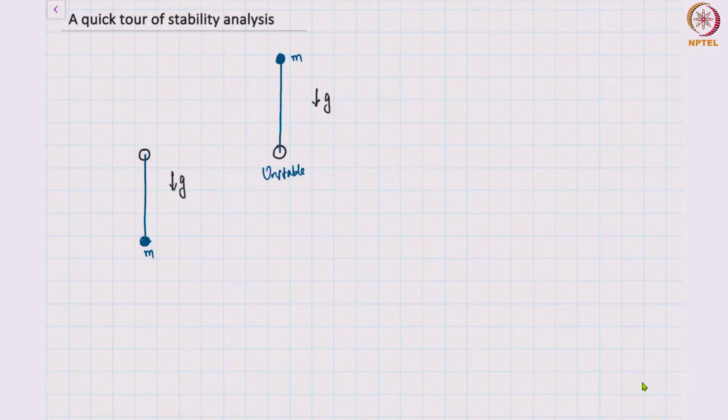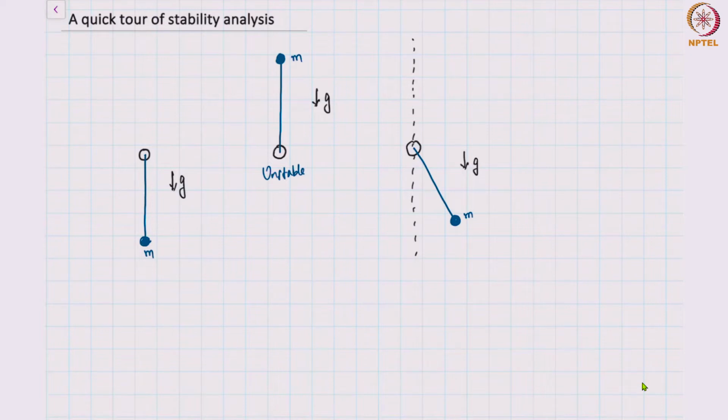Most people would say yes, but we can actually derive another configuration, or another state rather, which is to say that here's my hinge. I am releasing a mass from here. If I release a mass from that location, it would basically swing towards the vertical axis.